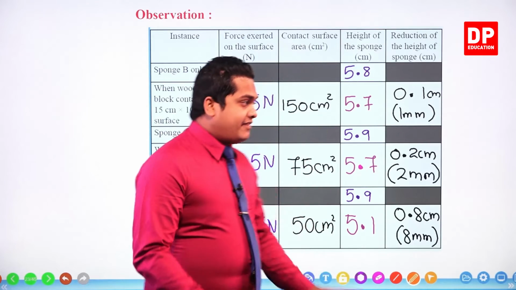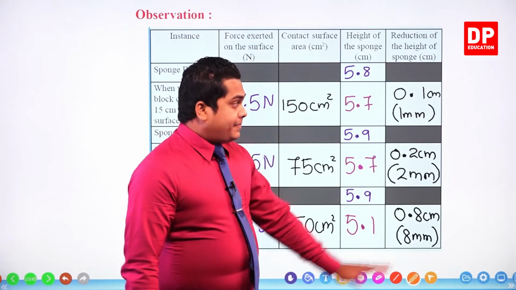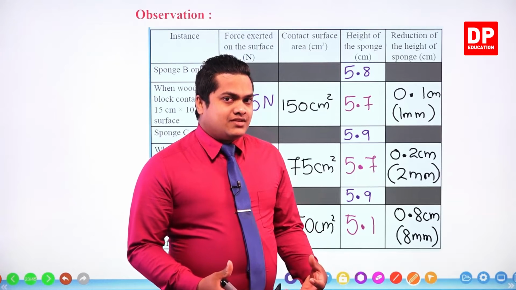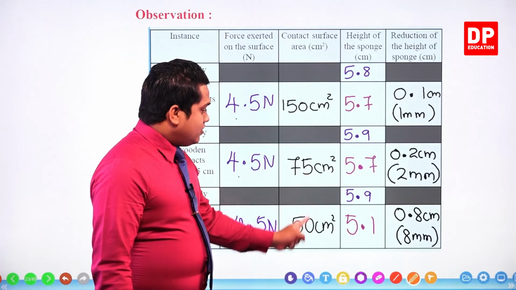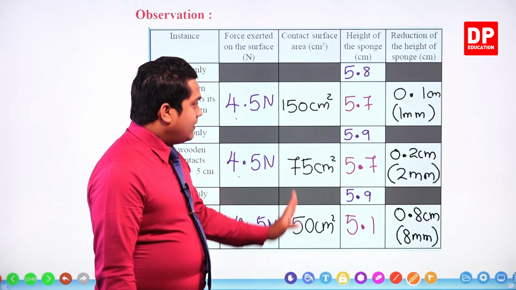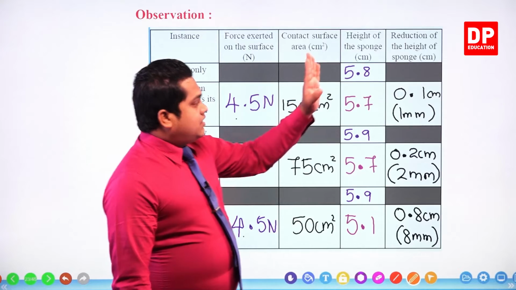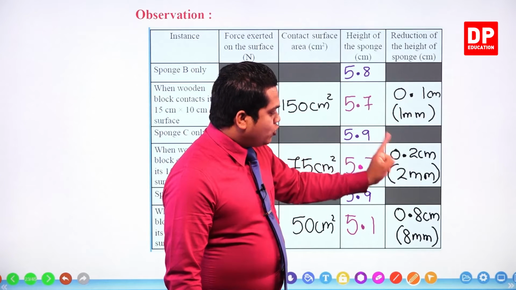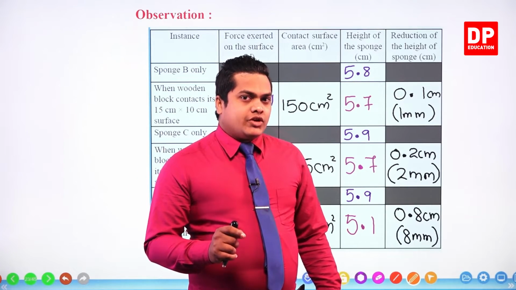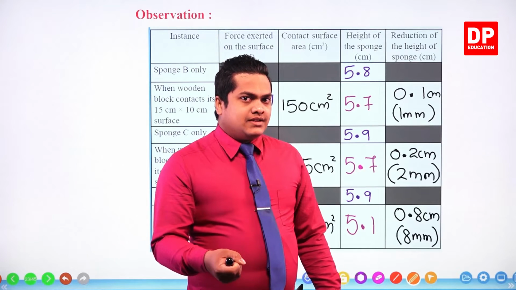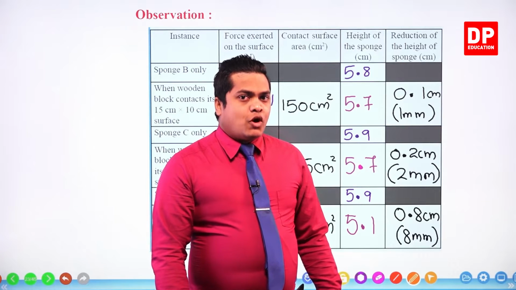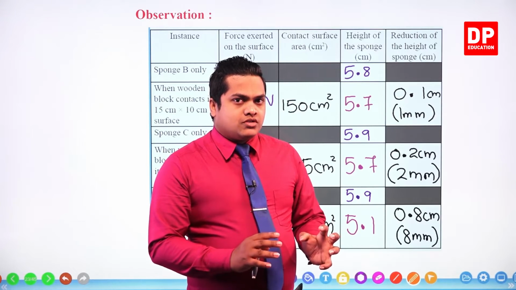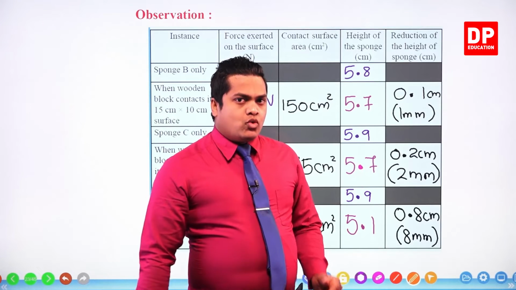So it's clear to us that when the surface area decreases, the reduction in thickness increases, from 0.1 to 0.2 to 0.8, because, my dear children, greater force is exerted on a unit area of the sponge. That's why it is getting pressed down even more.